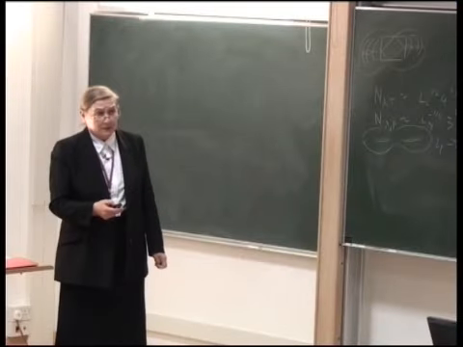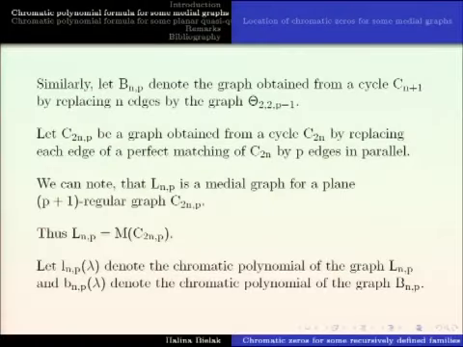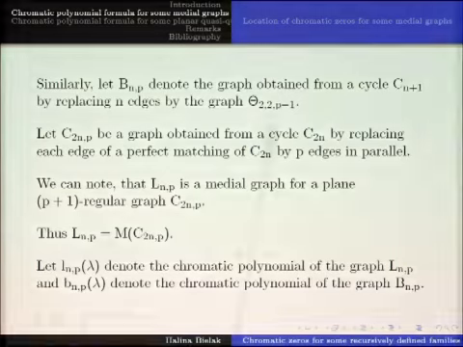So if we now denote by l sub n,p of lambda the chromatic polynomial of the graph L sub n,p, and by b sub n,p of lambda the chromatic polynomial of the second graph, which is obtained from a longer cycle than C sub n.